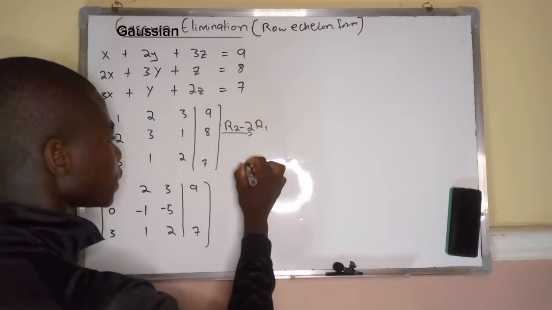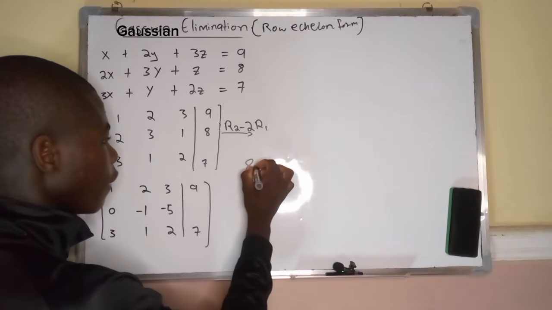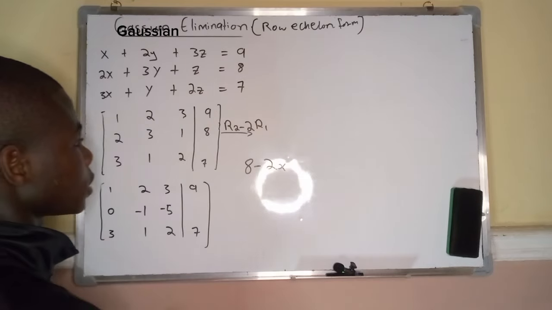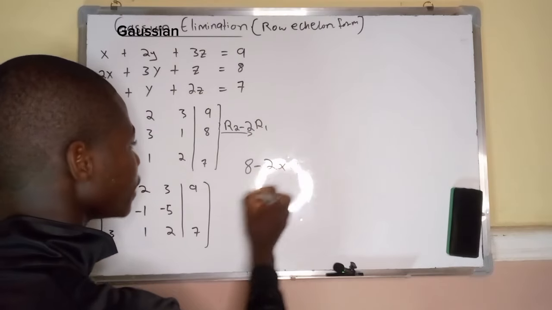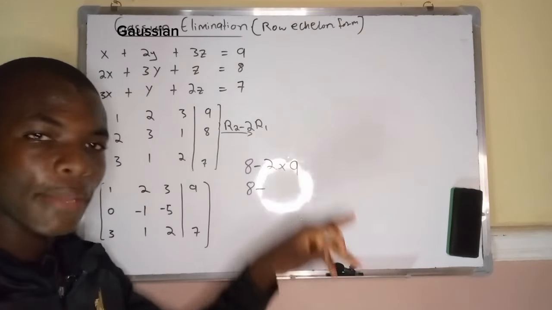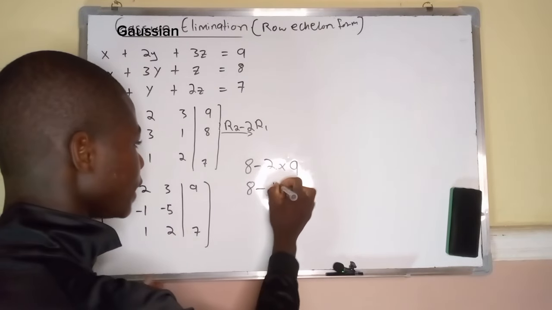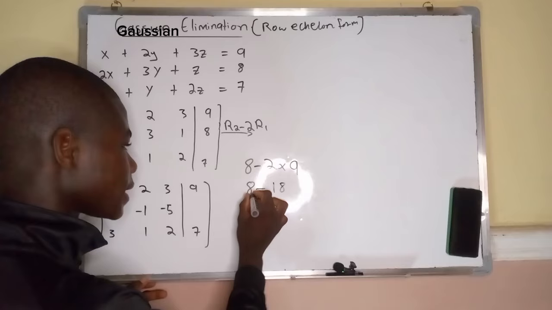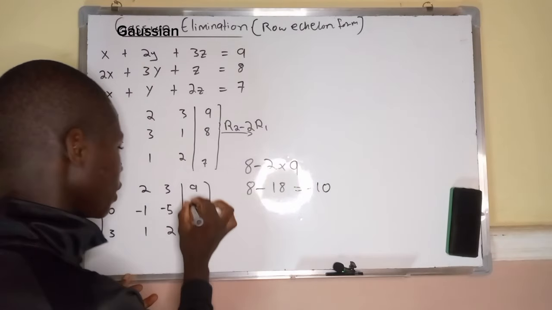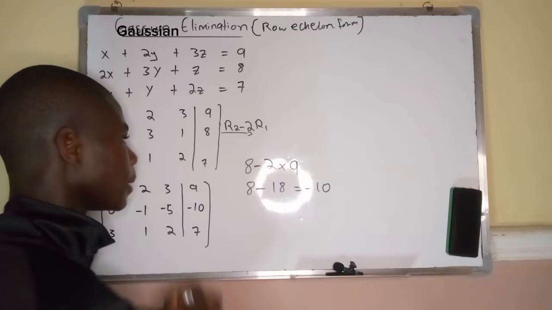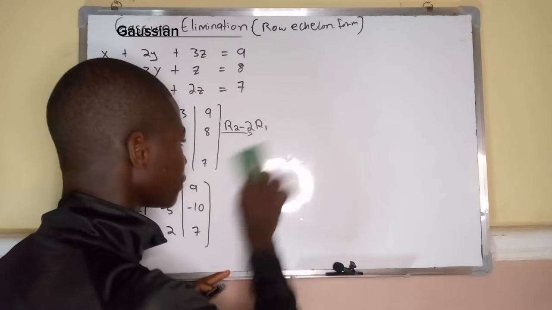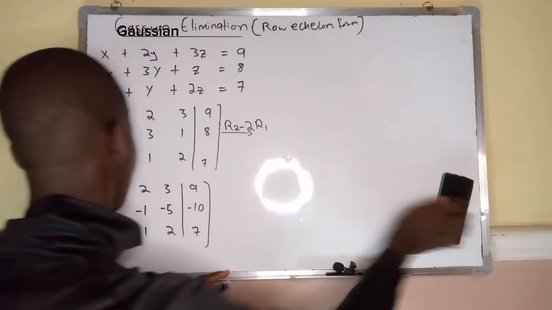Row 2 is 8, and therefore minus 2 multiplied by row 1, which is 9. So 8 minus 2 multiplied by 9, which is 18. So 8 minus 18 equals minus 10. So I'm having minus 10 here. So therefore I have another augmented matrix.